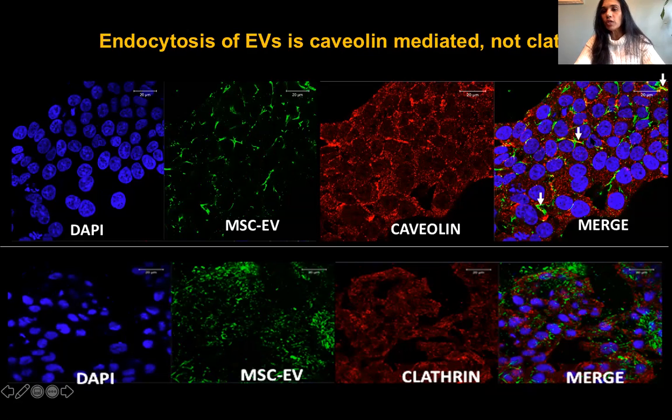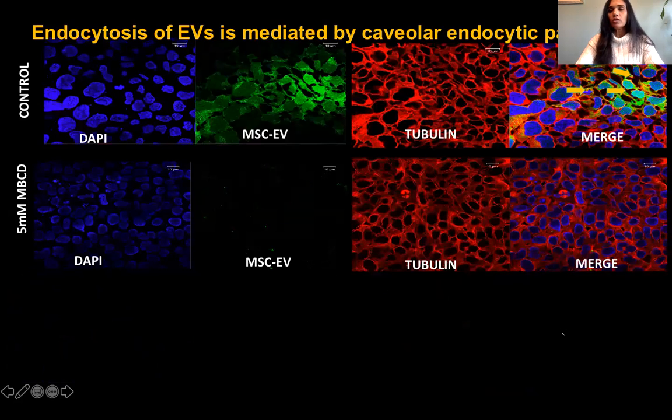When we merge the images, we can see that the little yellow parts are the co-localization of caveolin with the EVs. But when we co-labeled with clathrin, we couldn't see any co-localization or yellow spots, ruling out clathrin's role in endocytosis.